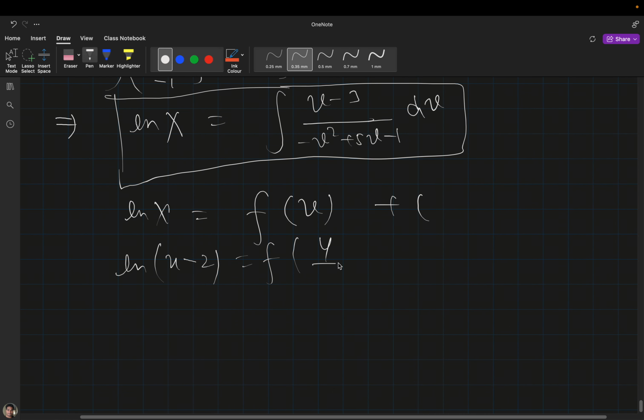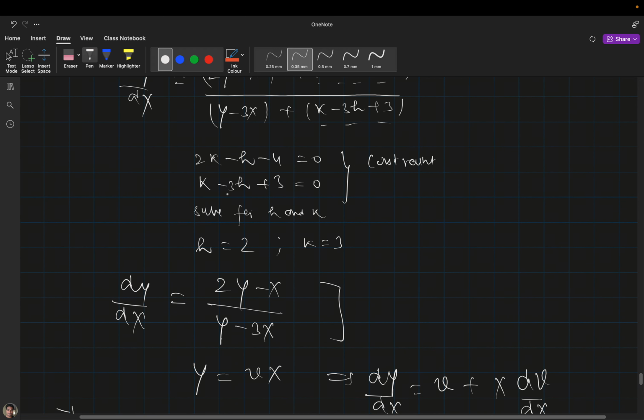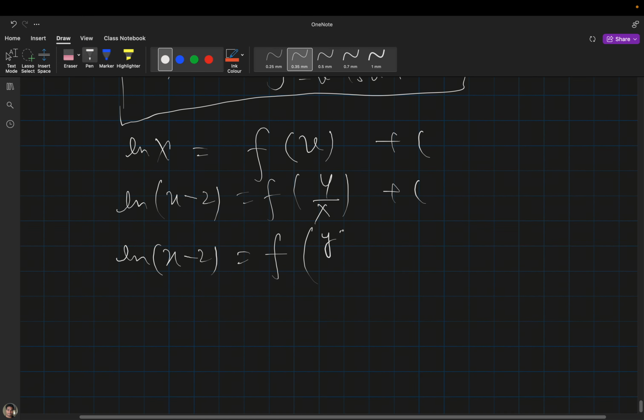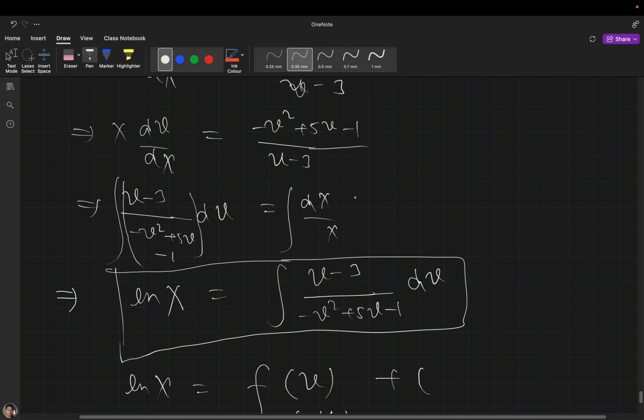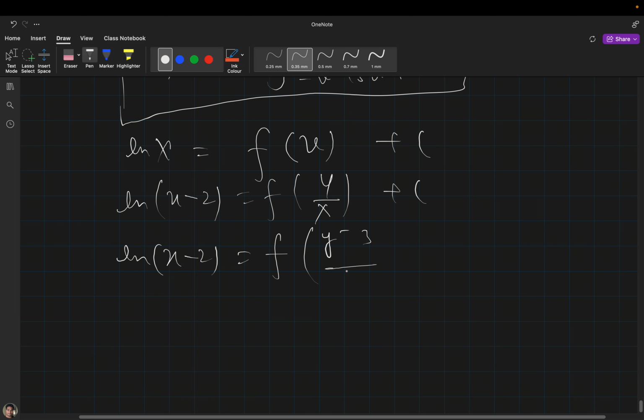Capital Y by capital X plus c, so x minus 2. And capital Y is what? Small y minus k. What is k? You already got 3. So small x minus 2 plus c. So this is the solution.